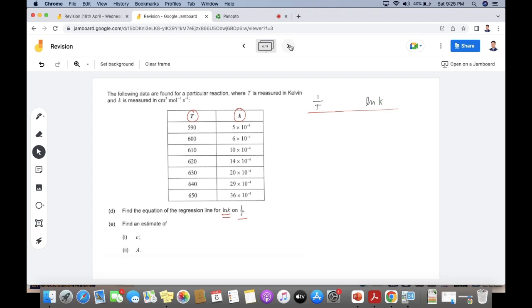All right. So let's now put in the data here. The data would be 1 over t, so that's 1 over 590, and it is being paired with ln of 5 times 10 raised to the negative 4. And then we have 1 over 600, paired with ln of 6 times 10 to the power of negative 4.